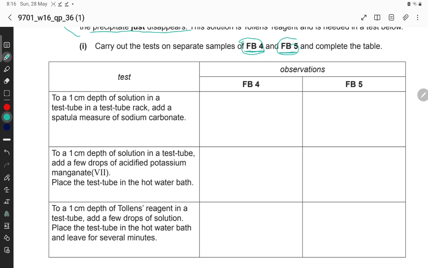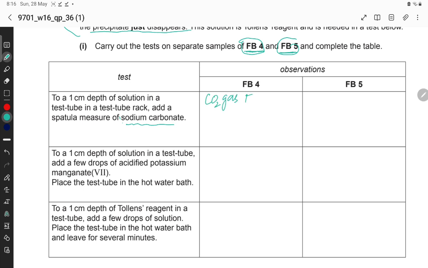To a 1 cm depth of solution in a test tube, add a spatula measure of sodium carbonate. If gas is evolved, it will definitely be carbon dioxide gas.